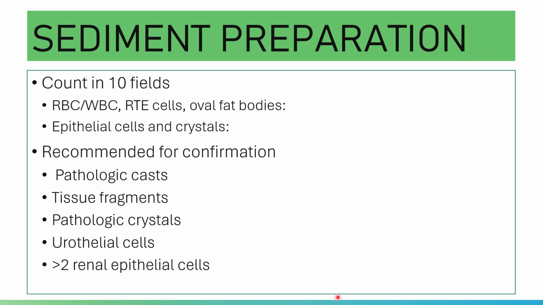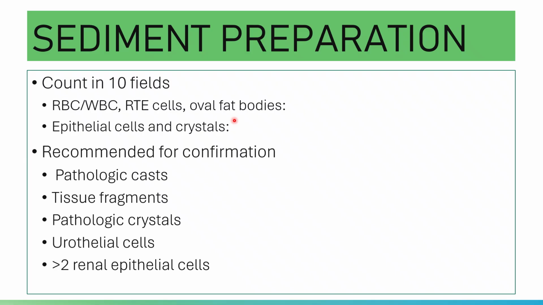Again, abnormal crystals like tyrosine crystals and bilirubin crystals should be confirmed chemically and correlated with the patient's history also.